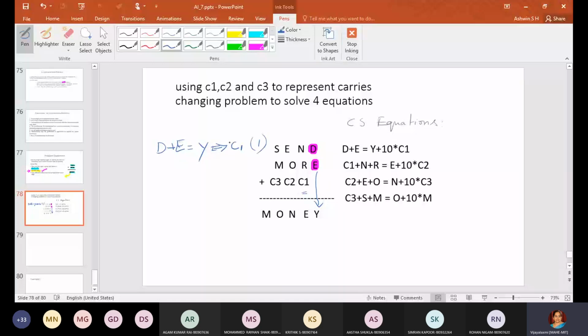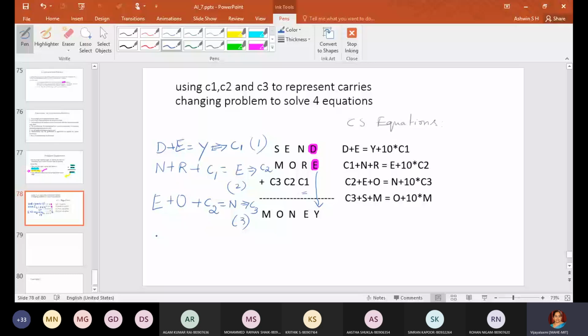Now what is the second equation? The second equation will be N plus R plus C1 equal to E, and this will give rise to a carry C2. This is equation number 2. The third equation will be E plus O plus C2 equal to N, and this will give rise to a carry C3. This is equation number 3.